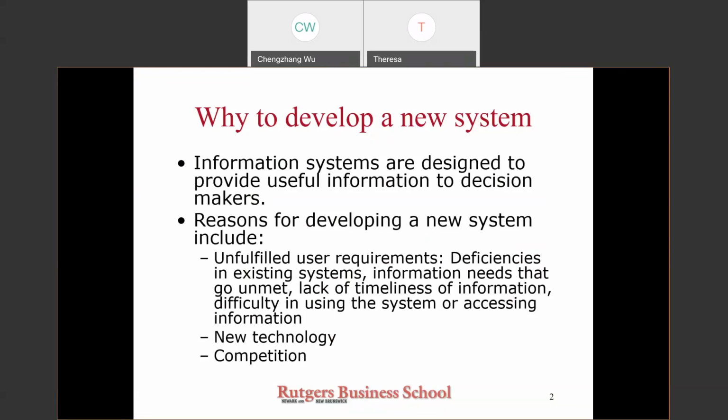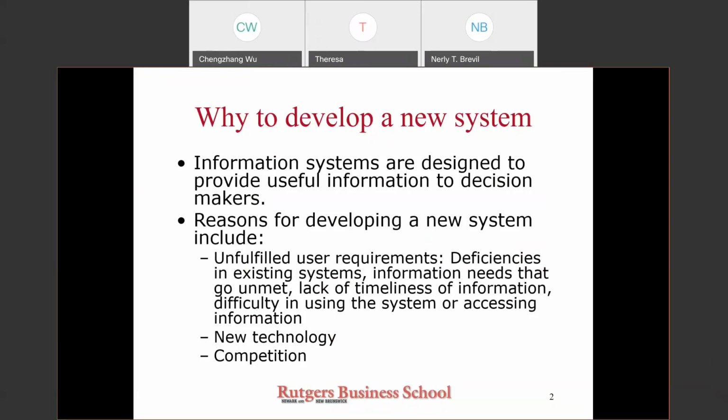Users at various levels in the organization can be the driving force behind new system development or significant modification to existing systems.